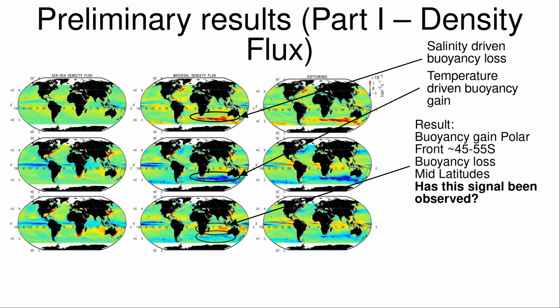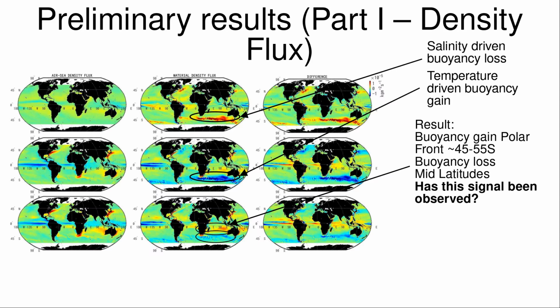This area of high underestimation circumventing the Southern Ocean, as you can see by the bottom panel in the middle column, can be broken down into a buoyancy gain in terms of temperature, as you can see by the thermal contribution to the density flux in the middle panel of the center column, and a buoyancy loss and a density gain through freshwater forcings on salinity, as you can see by the upper panel in the middle column.